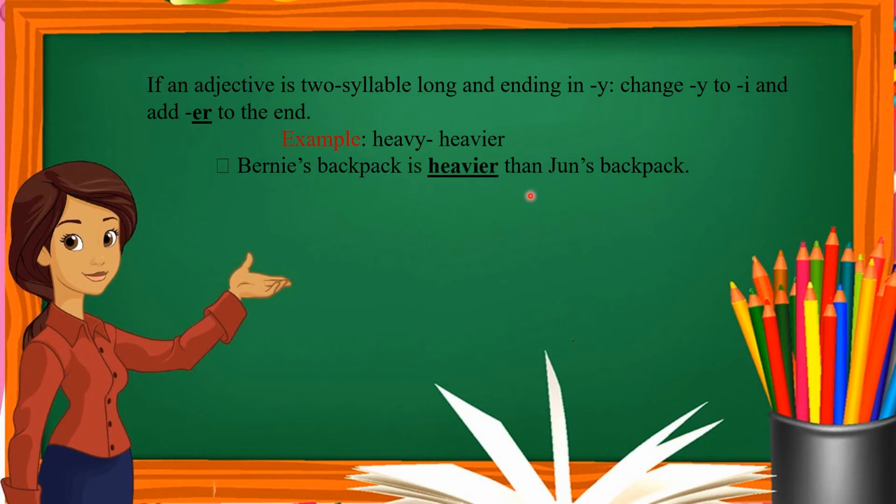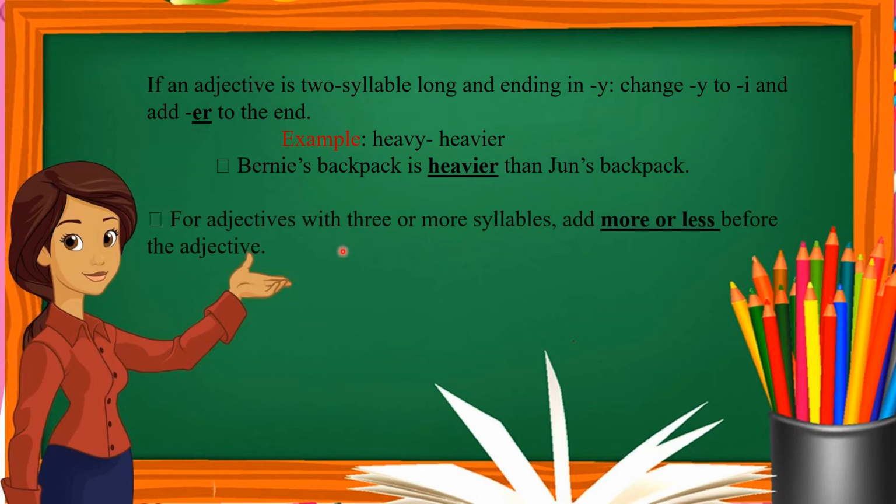Bernie's backpack is heavier than John's backpack. Here, heavier than. Okay, comparing, how many backpacks are being compared? Yes, two things. Bernie's backpack and John's backpack. Okay. For adjectives with 3 or more syllables, add more or less before the adjective.